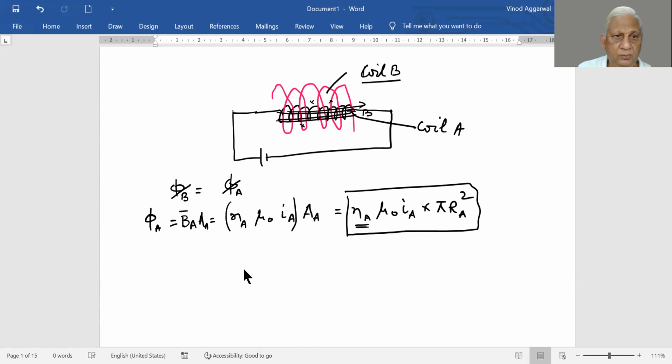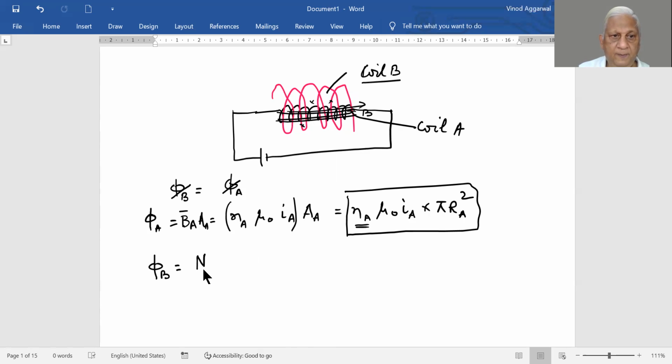Now what is the flux through B? Flux through B will be purely on account of this only. And mind it, this flux is going through every coil. So let us say the coil B has n number of turns.